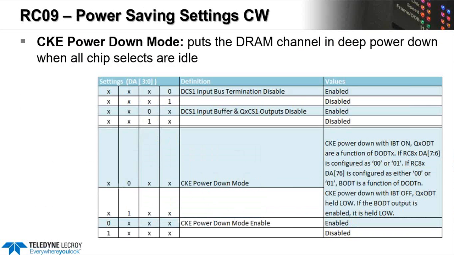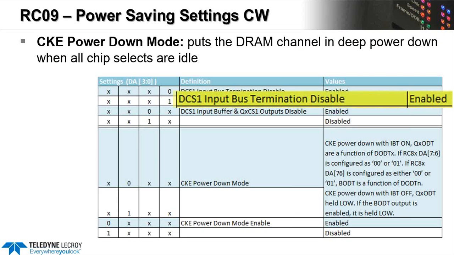Another quick example, the RC09. There are several power-saving controls within this register control word. It's a 4-bit RCW. These are the settings, and they're configured by the host. Things like the input bus termination can be enabled or disabled.